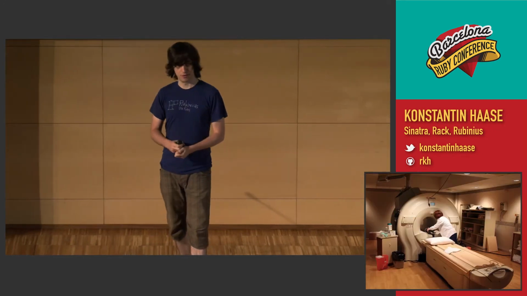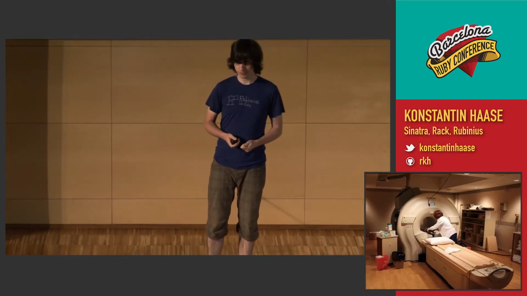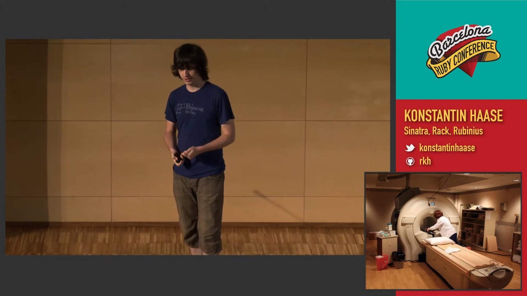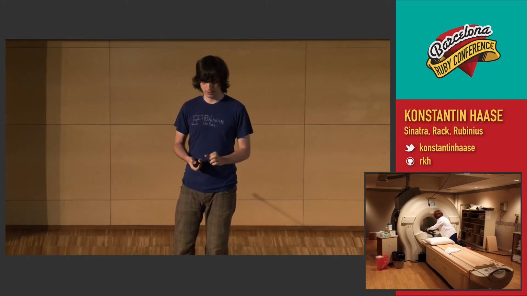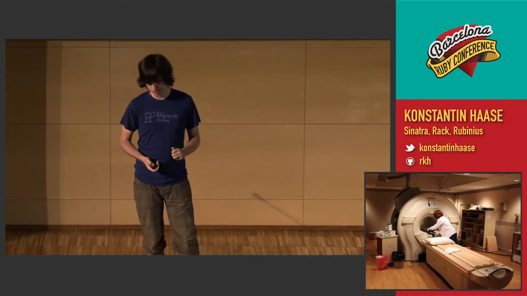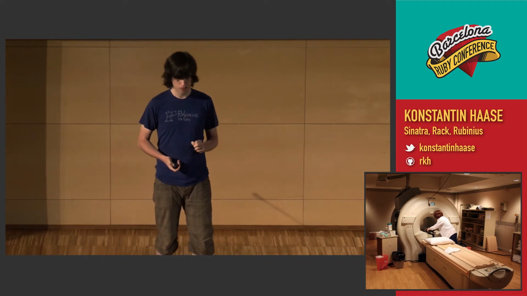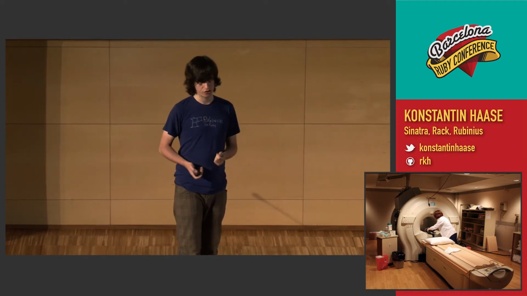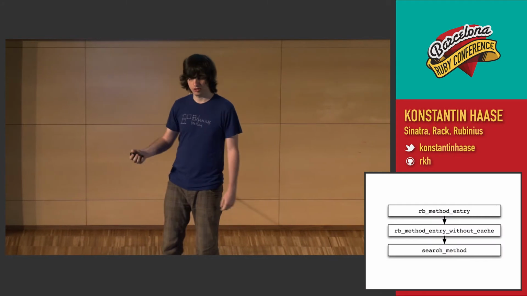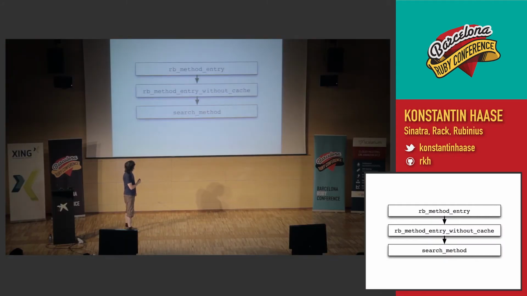Let's have a look at MRI. In MRI, if you want to search for a method from, say, C code, you can call rb_method_entry, which is basically you hand it a class and a method name.